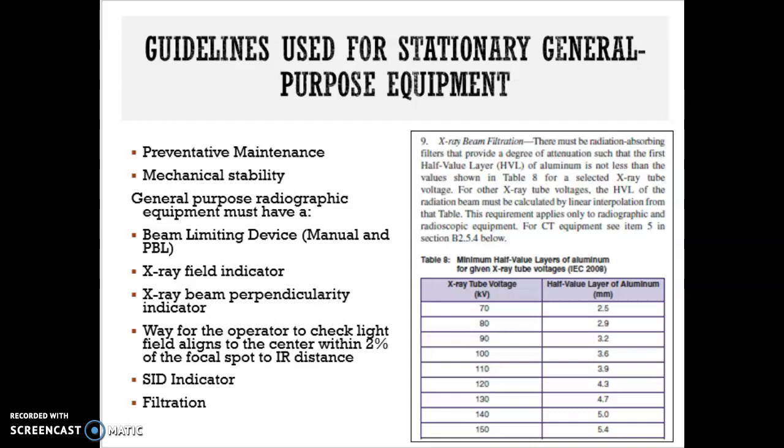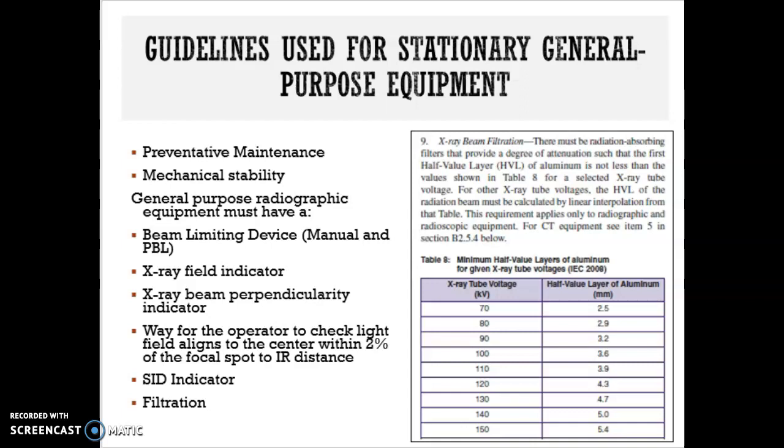Now, exposure to the patient's skin may be reduced through proper filtration of the radiographic beam. And if you remember once again from image recording, inherent filtration should amount to 0.5 millimeters of aluminum. Together, inherent filtration and added filtration comprise the total filtration. Now, stationary X-ray units operating at about 70 kVp are required to have at least a total filtration of 2.5 millimeters aluminum equivalent.